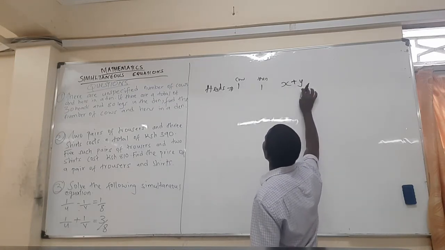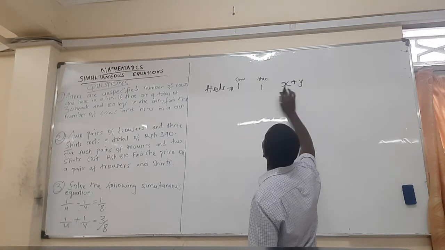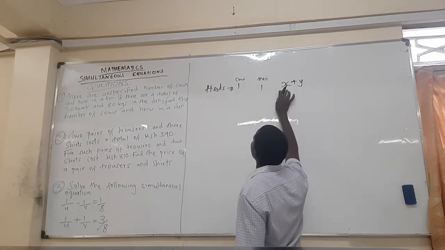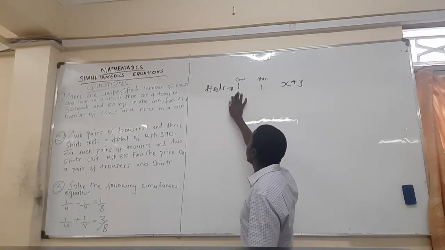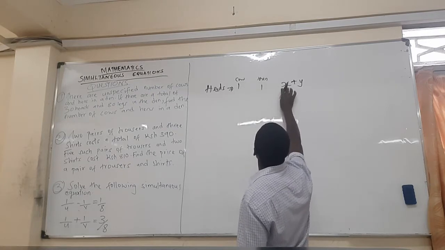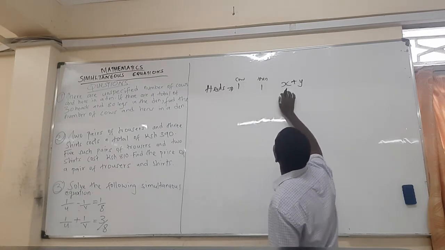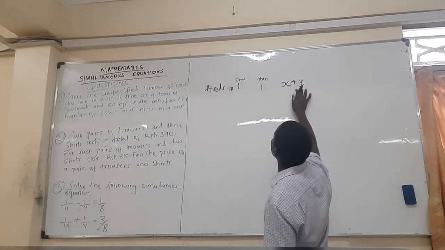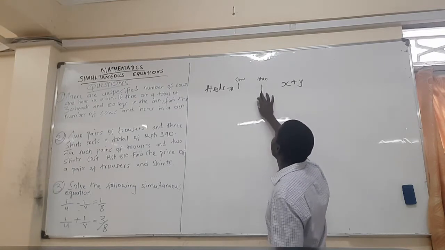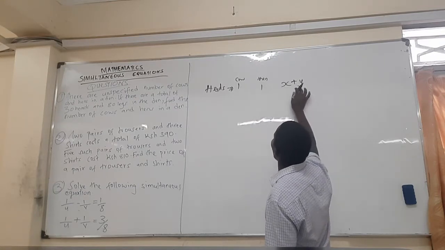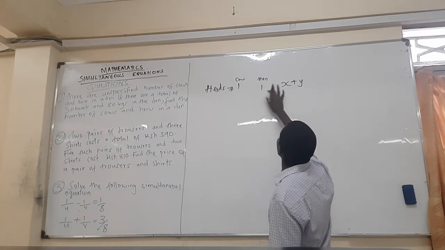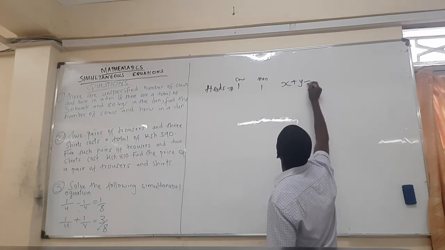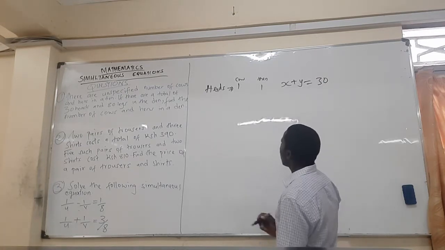If we have X cows and 1 cow has 1 head, then X cows are going to have X heads. The same case applies to hens: Y hens will have Y heads. So the total number of heads is 30.